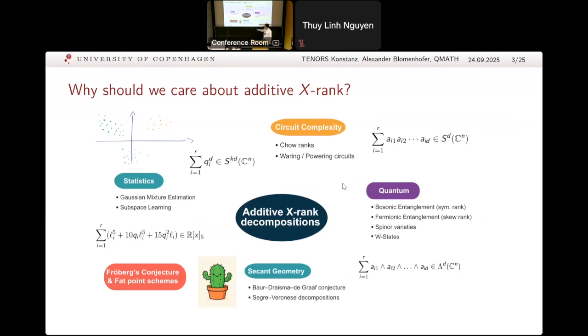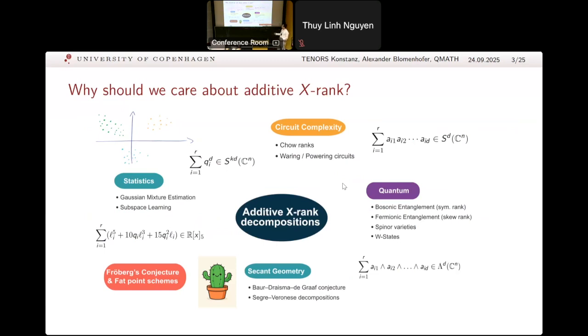It's a sum of something like l_i to the 5 plus 10 times q_i l_i to the 3. You get some strange, weird monstrosity here that looks a bit messy. But the polynomials that have this form, you can pack them into a variety X, and then it's an X rank problem. So basically, X rank problems are the kind of problems where you try to write a tensor or a polynomial as a sum of weird things.